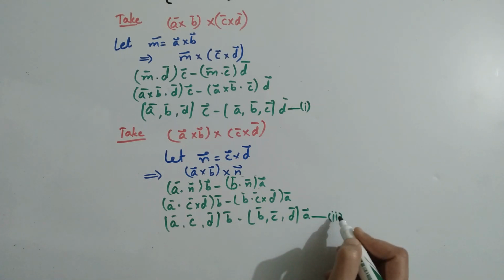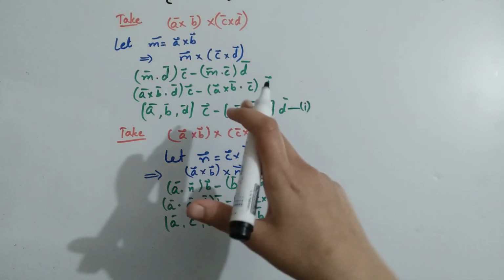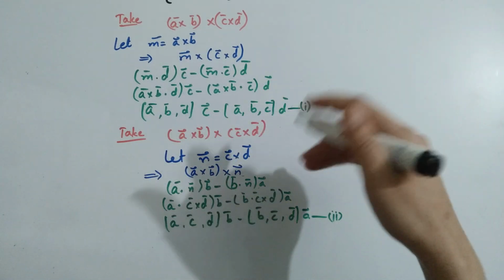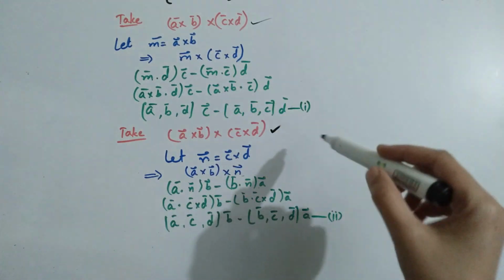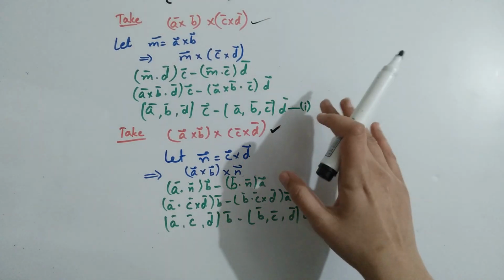And now since the left hand side of both these equations is the same, the right hand side will also be the same, so equating equation number 1 and 2.